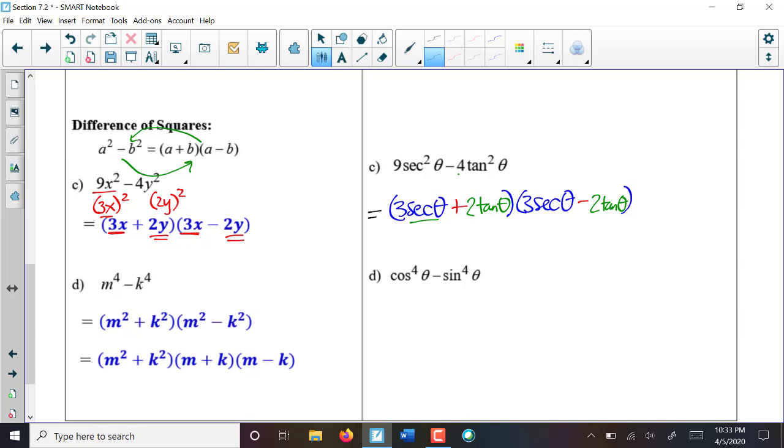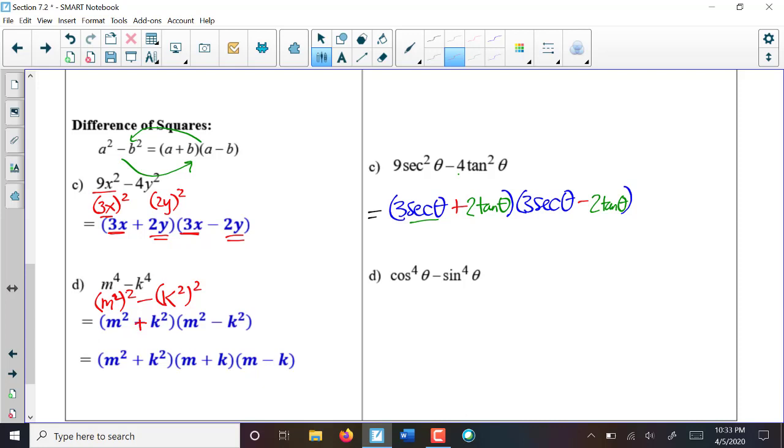All right, now this one's tricky. It's still a difference of two squares. If the power is even, it's a perfect square. So what do you square to get m to the fourth? Well, 4 divided by 2 is 2. So if I square m squared, I get m to the fourth. If I square k squared, I get k to the fourth. So basically, it's a difference of two squares.